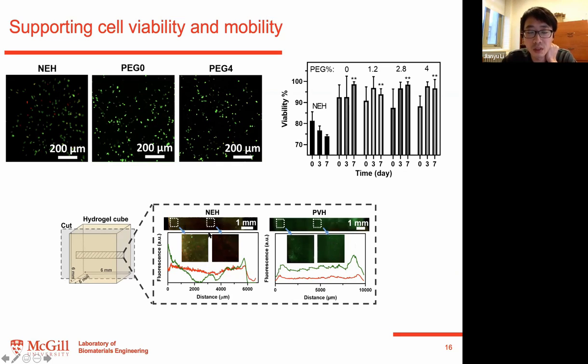In comparison, if we use a nanoporous gel, you can only support the cell viability close to the surface, but not the core of this printed material.